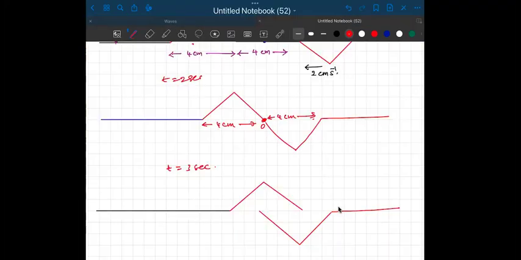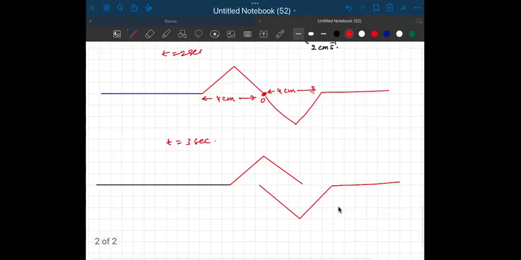So which means at this point, the shape of the wave, when this is the point P, where is point P? At t is equal to 2 seconds, the peak comes over here.